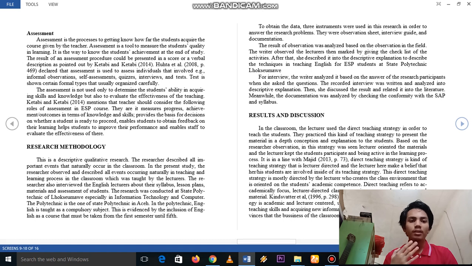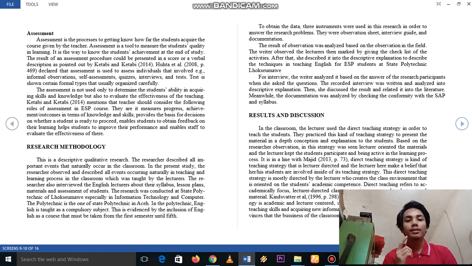we just got to the first part, the research methodology. This journal is descriptive qualitative research. In this study, the researcher observed and described all events that naturally occurred in the teaching and learning process in the class taught by the lecturer.